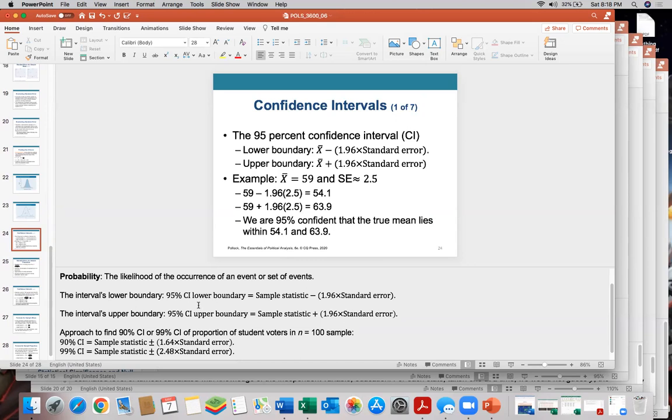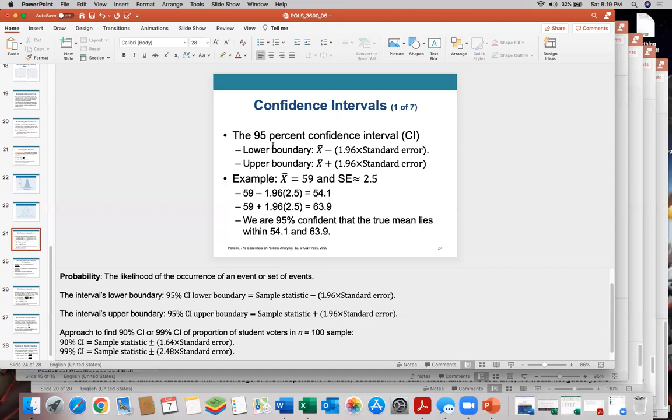So then we're getting into the 95% confidence interval, where you have your sample statistic plus or minus the 1.96 times the standard error. I would not be surprised if we do have this equation on the test. It'll give you your X bar, and he's probably going to give you your standard error.